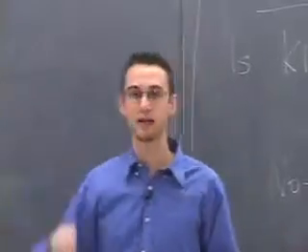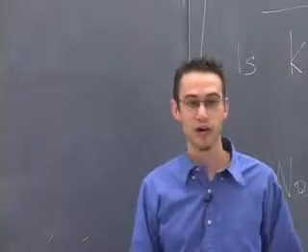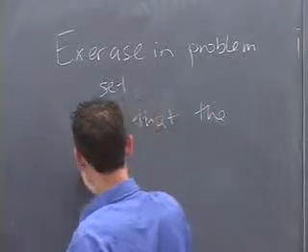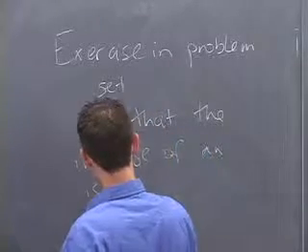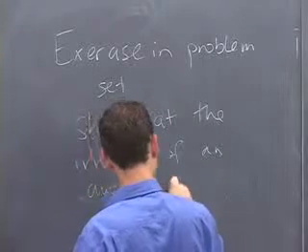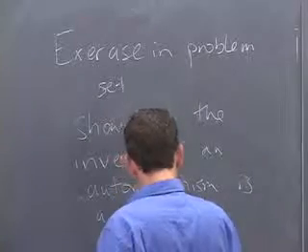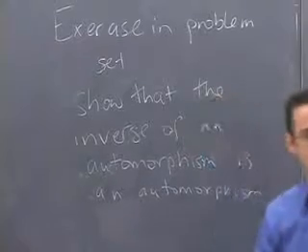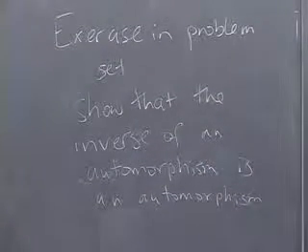To prove that this thing is a group, the last remaining thing to show is that the inverse of an automorphism is an automorphism. Or more generally, that the inverse of an isomorphism is an isomorphism. This isn't hard to see, but it's worth verifying to make sure that you're comfortable with the language.